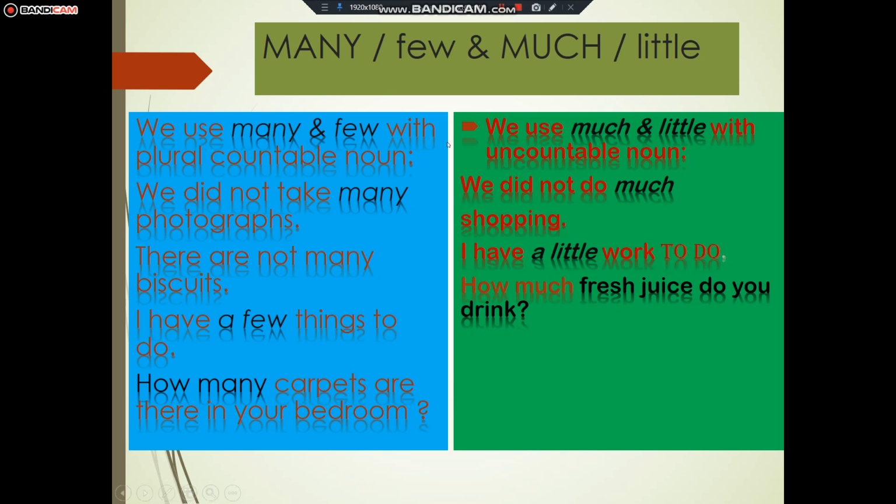Now guys, there are some notes. Much and little, as I told you, we use with uncountable nouns. We use little or a little to talk about small quantities, but we use much to talk about large quantities, with uncountable nouns in negative sentences and questions. In the negative: we didn't do much shopping.